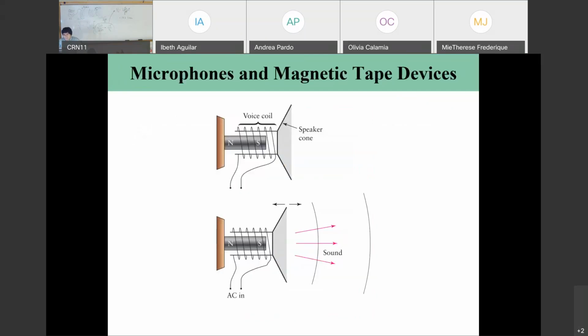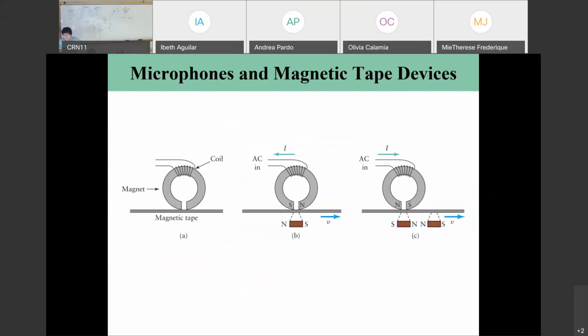Okay, so we were talking about this already and how we can use it. By the way, this principle of the coil and the magnet and the magnetic tape is also used in, or similar to, electric guitars. When you play a note, you are creating a vibration, you are creating motion.